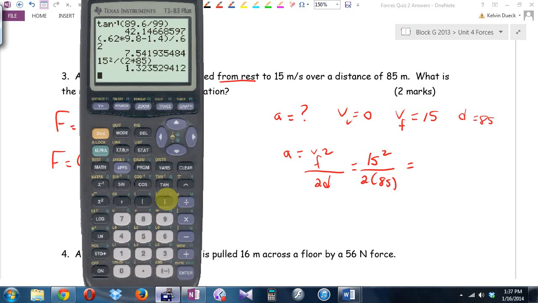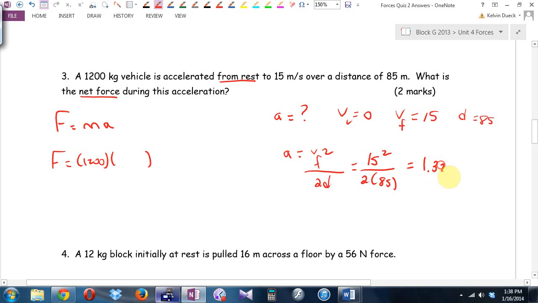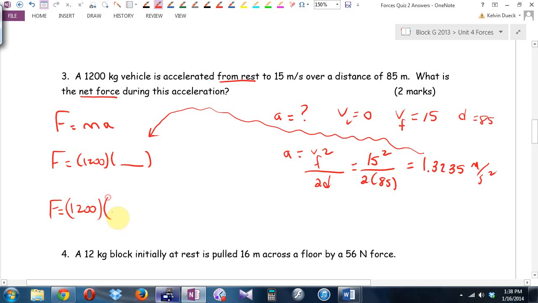Looks like the acceleration is 1.3235. I'll carry a few extra sig figs because this is not my final answer. My final answer is going to go in here: $1,200 times 1.3235.